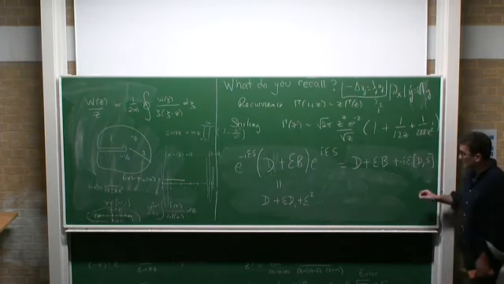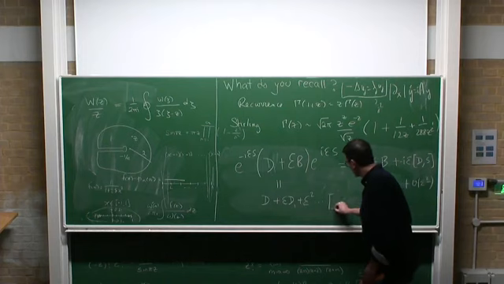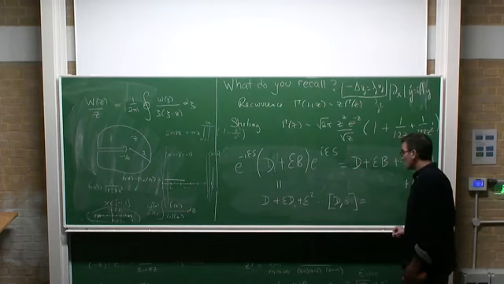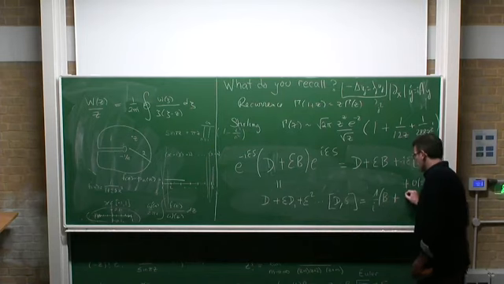Correct? So the equation to solve, plus O of epsilon squared. So the equation to solve from the matrix point of view is the commutator of d and S equals 1 over i times b plus d1.